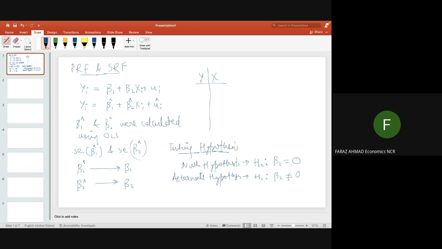If we have only two options, one option is to reject the null, or not reject the null.